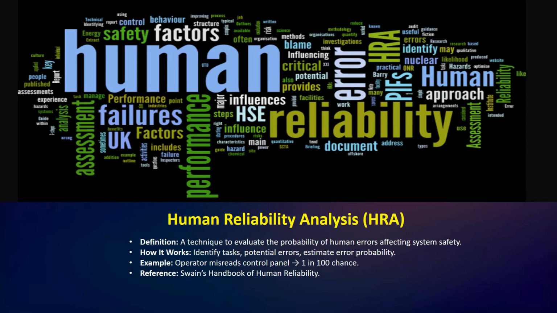Okay, so we might estimate the chance of an operator misreading a control panel. You can read it as 1 in 100. So this is crucial for projects where human actions are critical to safety, like in aviation or nuclear power. Okay.